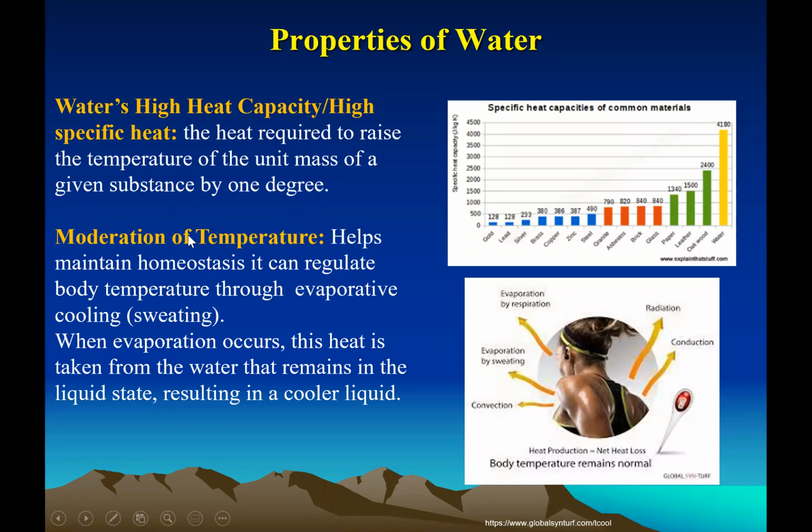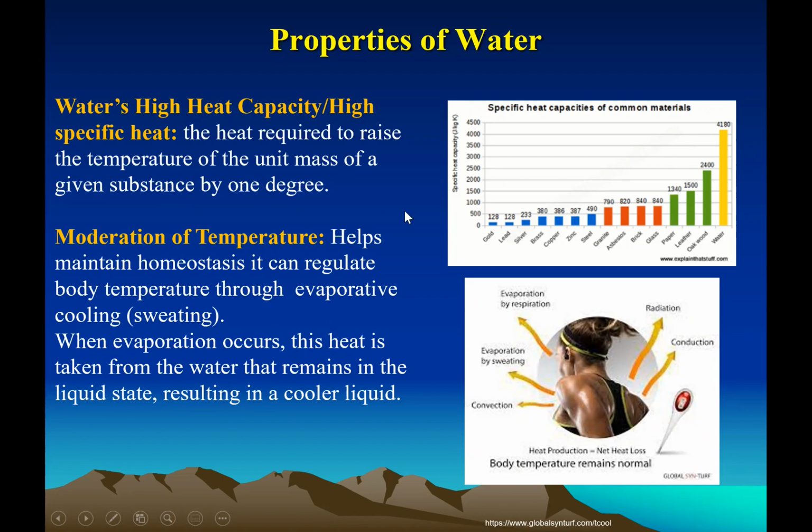Because of the high heat capacity of water, it can help to maintain homeostasis in our body, which is 37 degrees centigrade. When you become very hot, let's say you go on a hike or exercise and your body has heated up, you start to sweat.